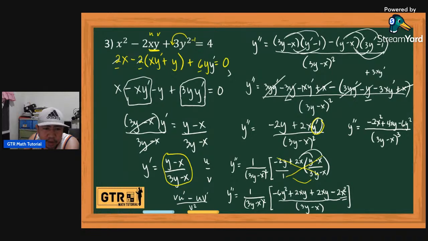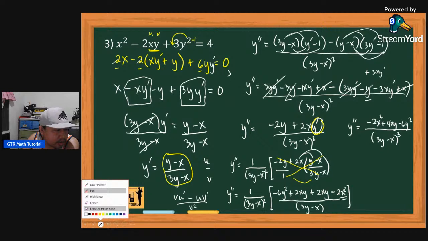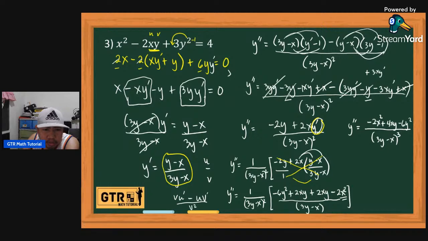So if we factor out negative 2, the numerator will become negative 2 times x squared minus 2xy plus 3y squared, which is equal to 4. Always remember that in the second derivative of implicit differentiation, the original equation comes back here.